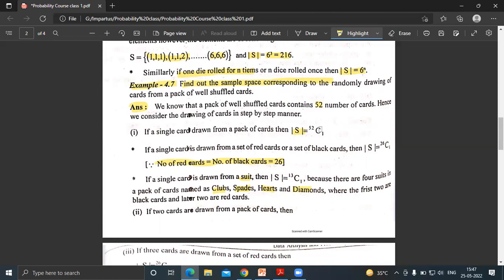What is C? C stands for combination. And what is the formula for combination? If nCr is there, then its formula is n factorial divided by r factorial into (n minus r) factorial.